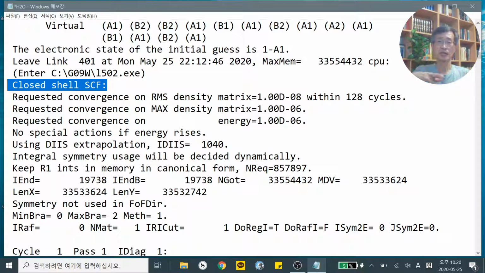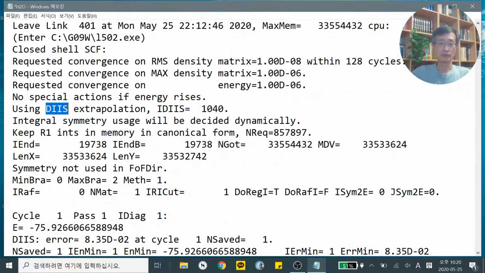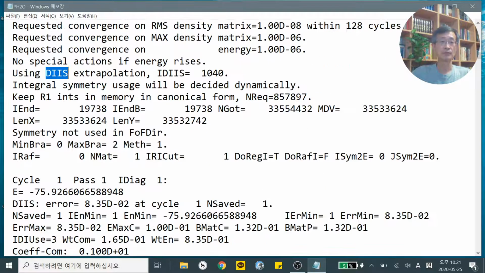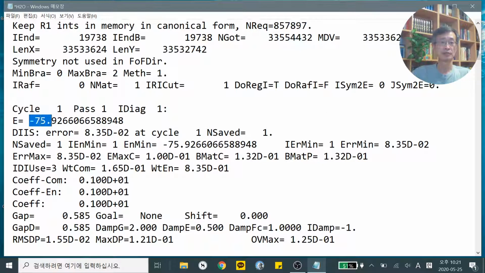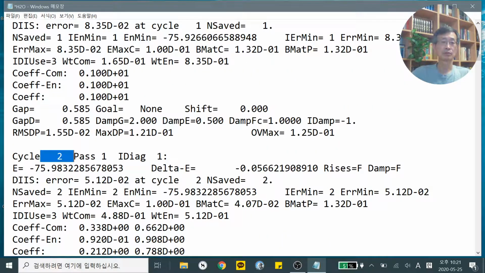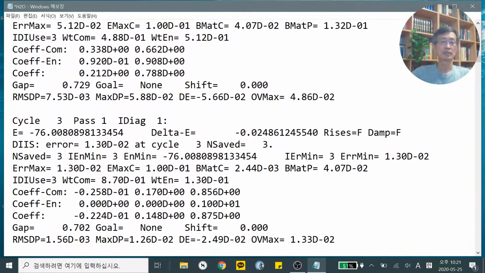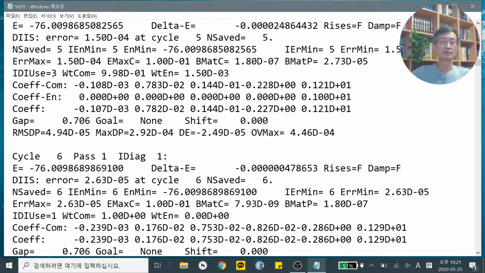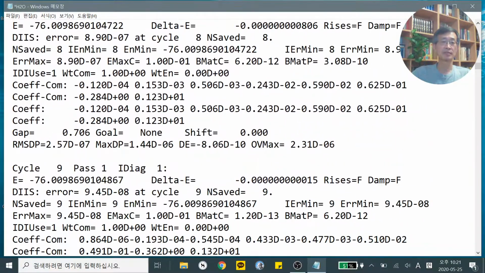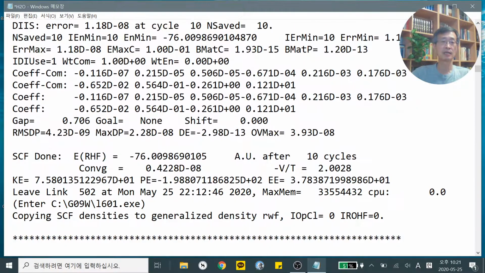In this case, there are 5 alpha electrons and 5 beta electrons. The algorithm we are using is DIIS extrapolation. Then it says cycle 1, the energy, and then cycle 2, cycle 3, and so on up to cycle 10, and then it converges.